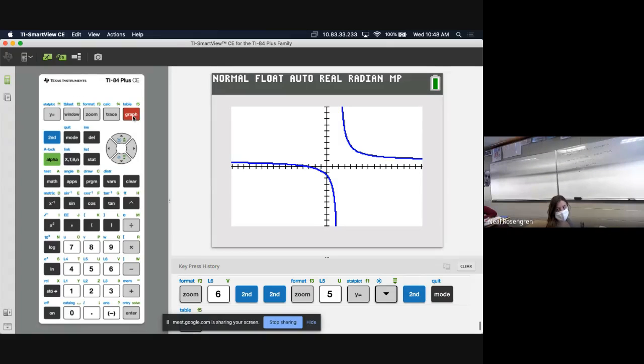Okay? So the graphical consequences, what might happen at some of these excluded values, is we might have a vertical asymptote, okay? And an asymptote is a line, that's the letter A, a line that a graph approaches but never reaches.